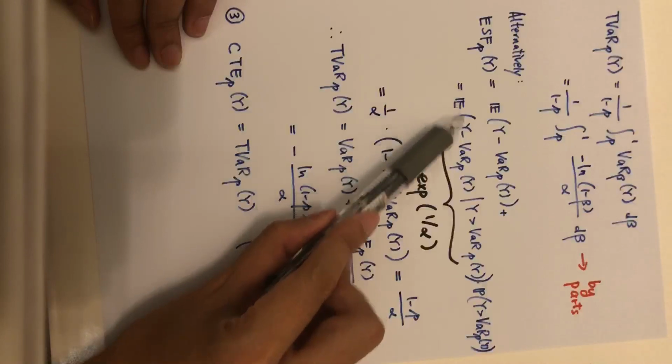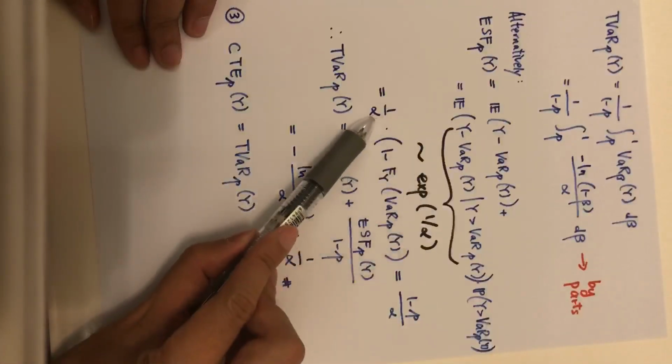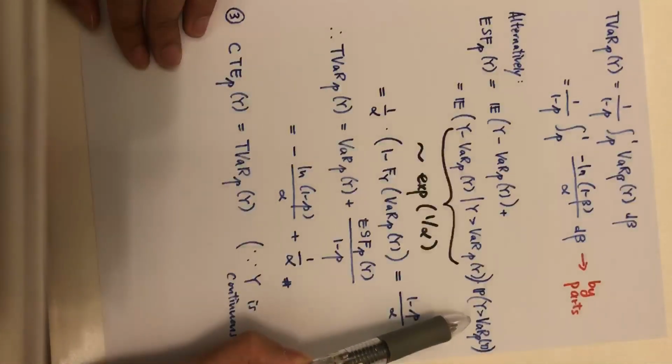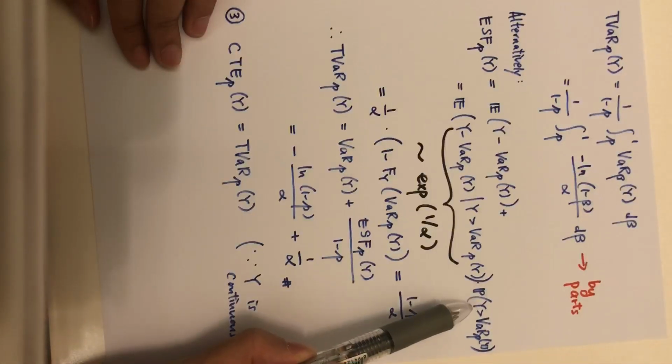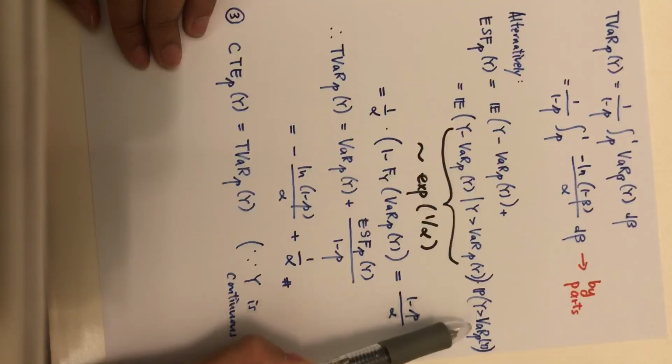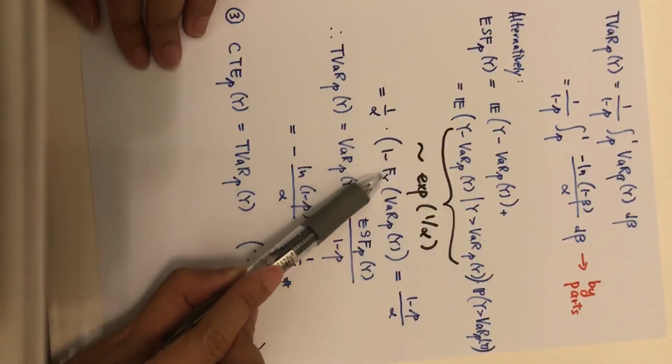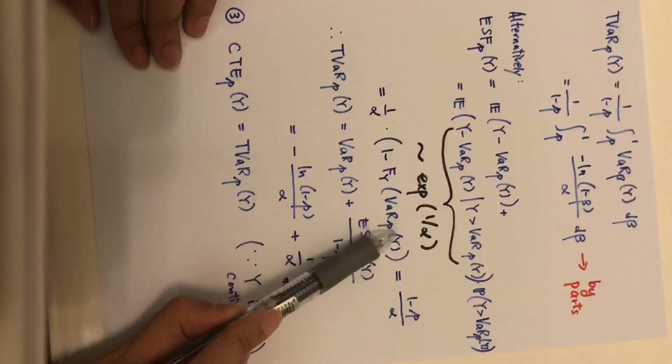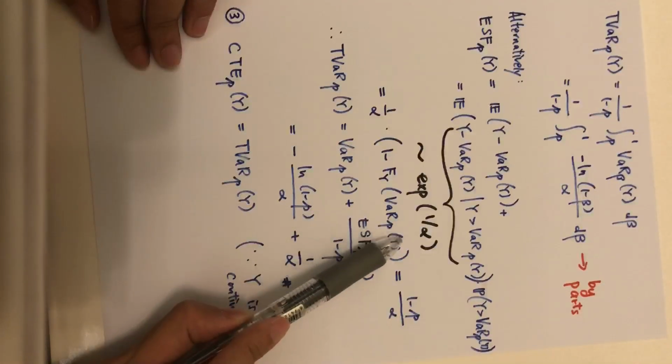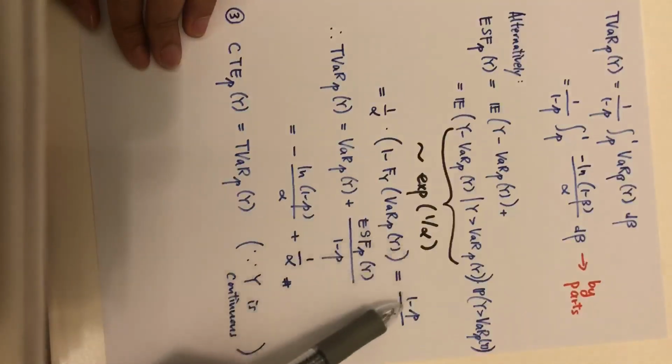Therefore, the expected value of this random variable is just 1 over alpha. And then for this probability, it is simply given by the survival function of the exponential random variable Y evaluated at this point. That's why it is 1 minus F_Y evaluated at the value at risk. You can calculate this easily. It will be 1 minus p.